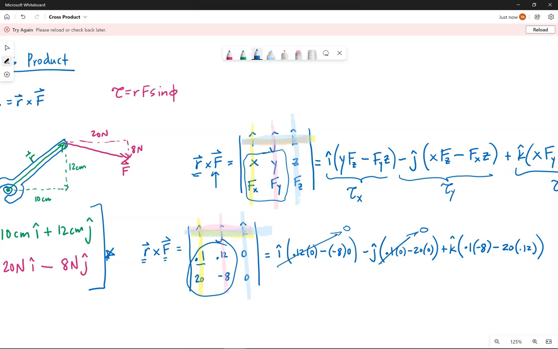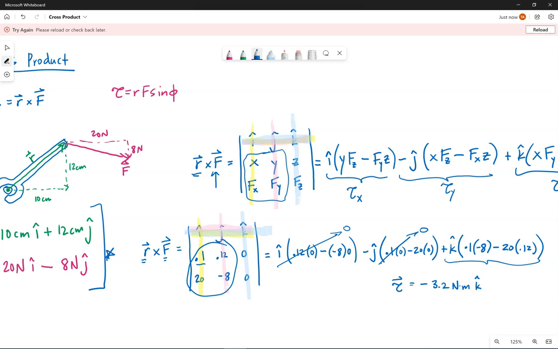Now this, of course, is not going to give us a 0. The torque, if we plug in those numbers, I'm getting negative 3.2. The units are Newton meters, Newtons for the force, meters for the lever arm. And then k hat.